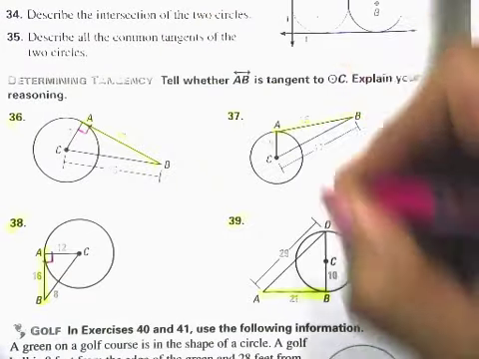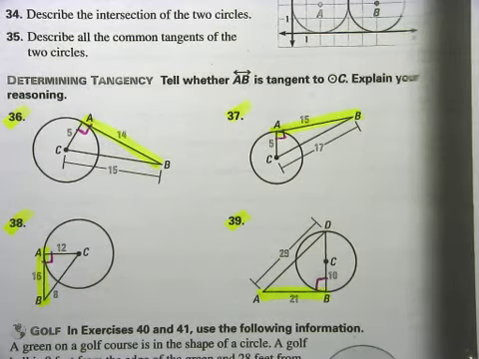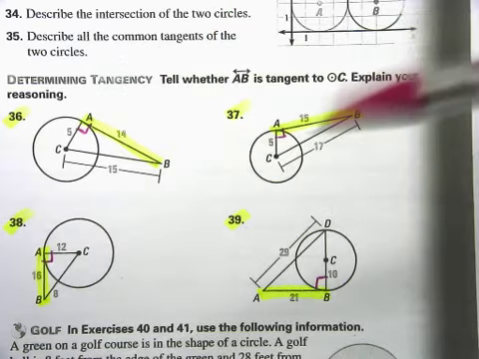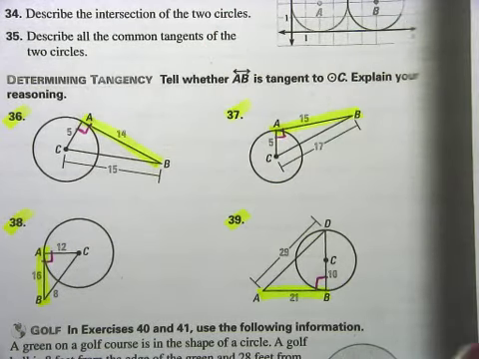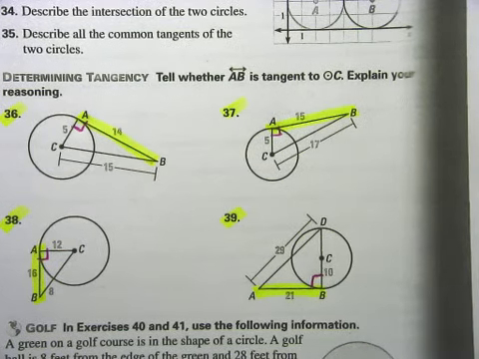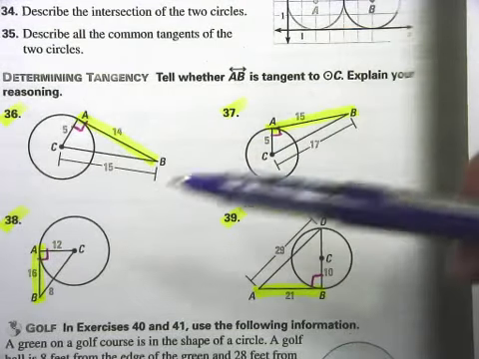Well, remember that if they are tangent, then they would be perpendicular to the radius. If these lines are tangent to this circle, then it should be perpendicular to this radius, and this radius here.